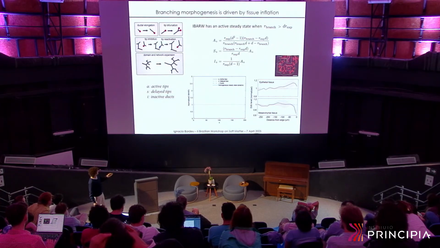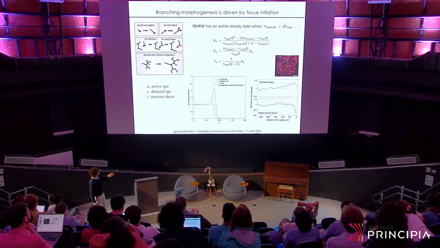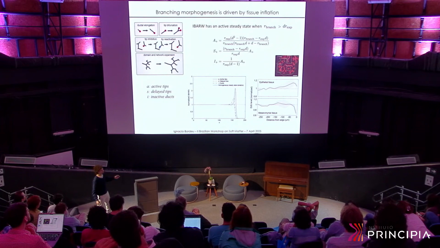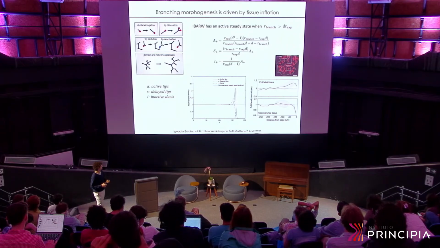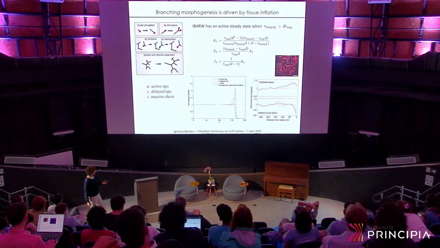So here I'm just going to solve the previous PDEs, and you're going to see that as active tips have this peak at the periphery, but what is being left behind here is just a uniform concentration of active tips, but also inactive tips and arrested tips.